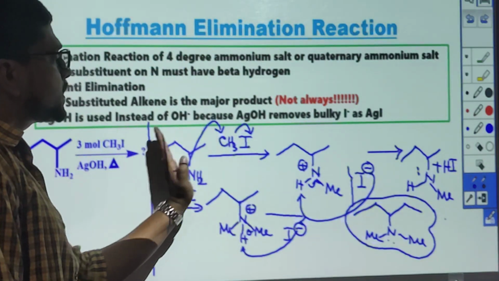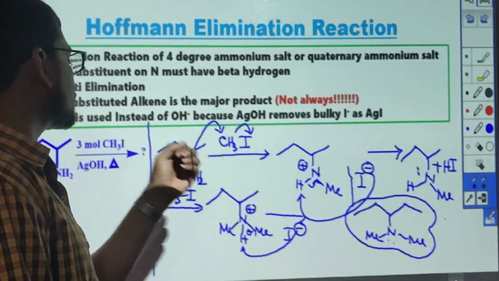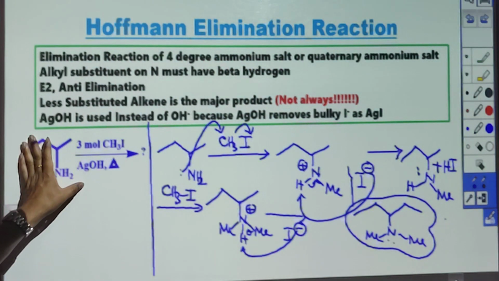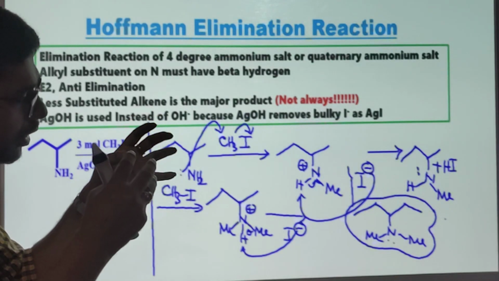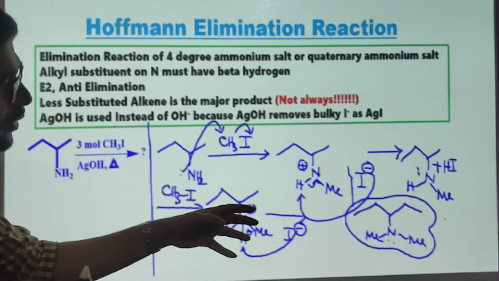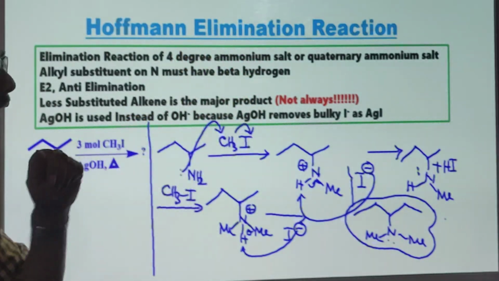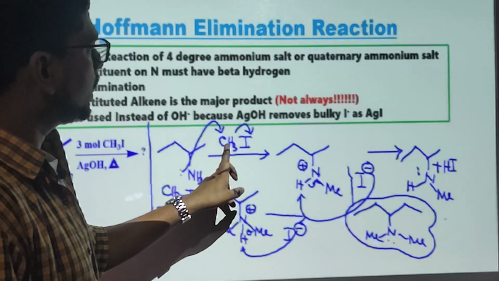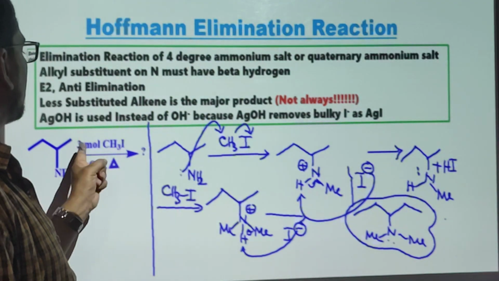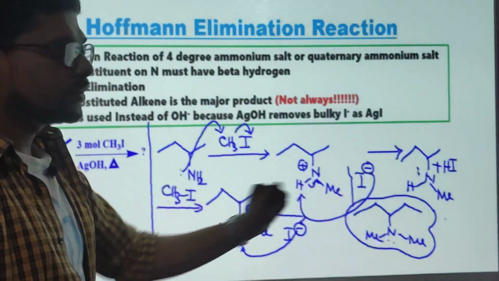This process is known as Hoffmann exhaustive methylation. In Hoffmann exhaustive methylation, we are given one particular amine and we add excess alkyl halide, and we end up getting the 4-degree ammonium salt or quaternary ammonium salt. Still it's a 3-degree at this stage. So 1 mole CH3I is consumed, then another mole reacts again with this one. Is it clear?